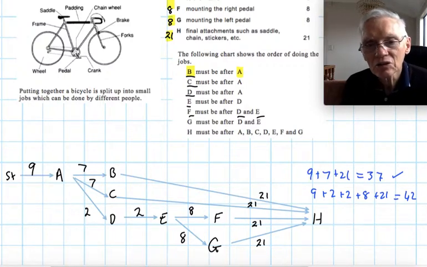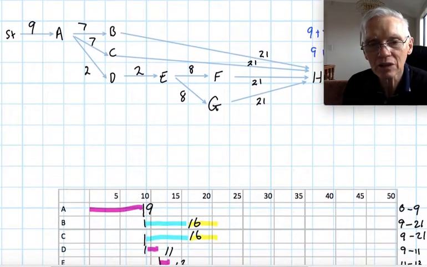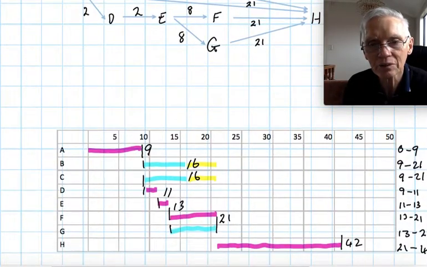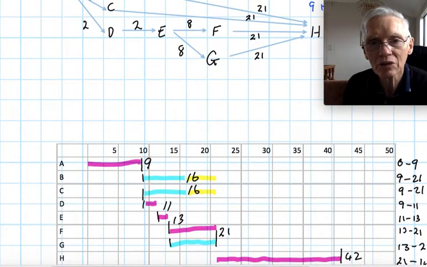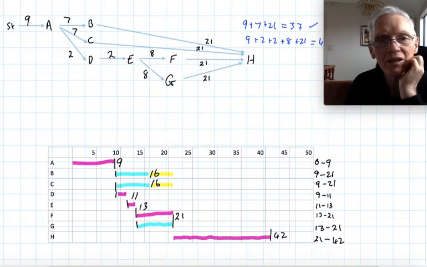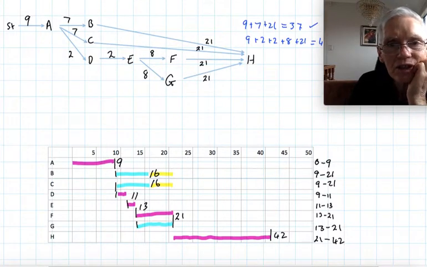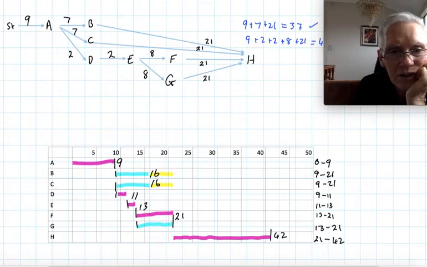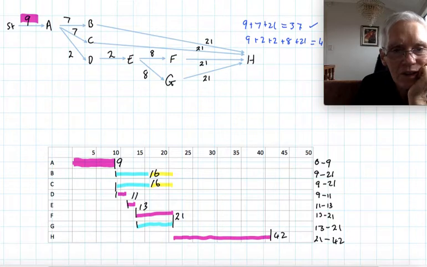Then we need to put those into a box diagram or a table here. Now I've already done this and put them in here. So for my critical path, let's just make sure you've got that. I've just used the crimson color here to show that this here is task A, 9.